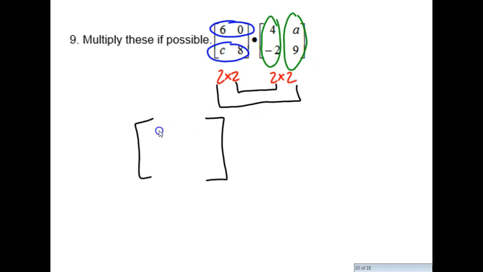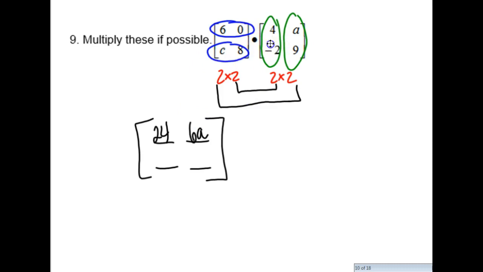So the first thing I do after I circle the rows and columns properly is I write a skeleton for my result. All right, this is where you've got to do some adding and multiplying in your head. So first row times first column. So it's 24 plus 0, so 24. And then first row, second column is 6a plus 0, so 6a.